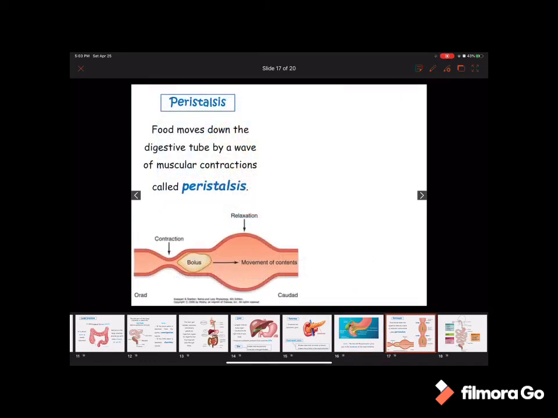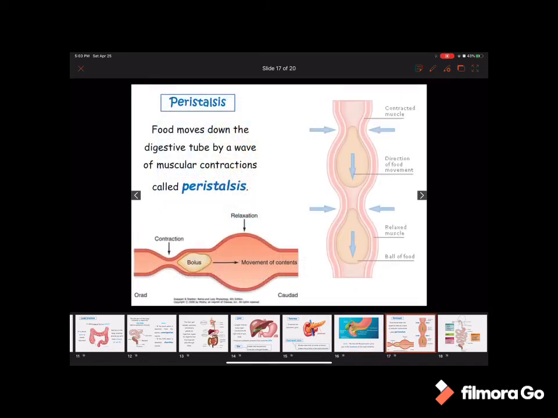And we need to be familiar with something that we call peristalsis, because we talked about the esophagus and we said the esophagus doesn't play a major role in digestion. Actually, it does not do any role of digestion. However, it brings down the food from the mouth to the stomach. How does this happen if the esophagus is just a muscular tube?